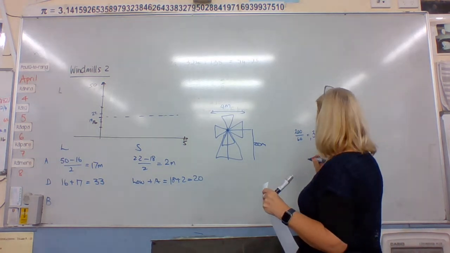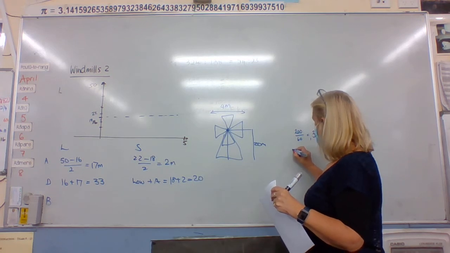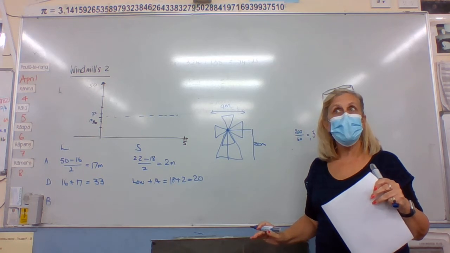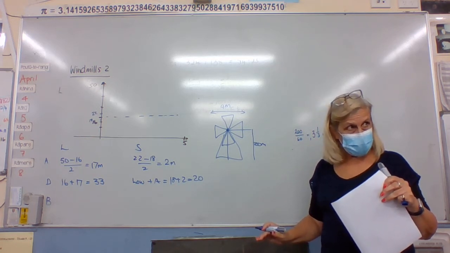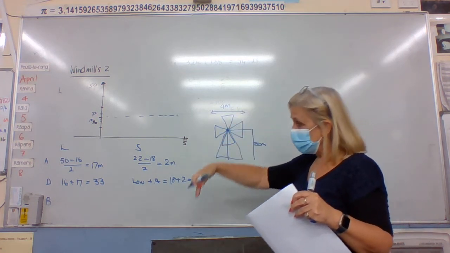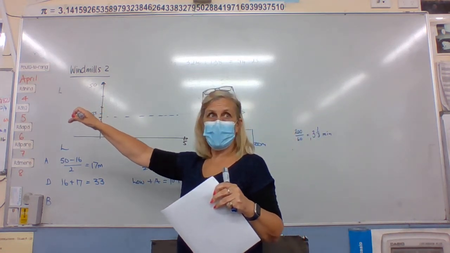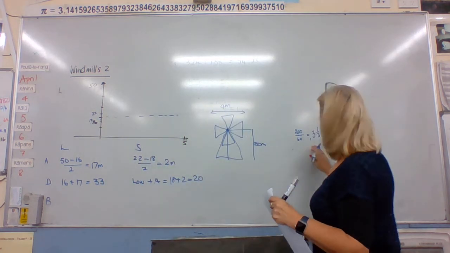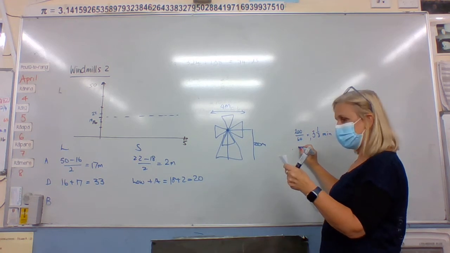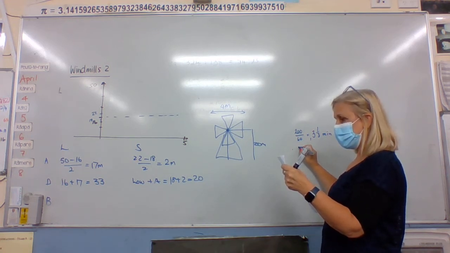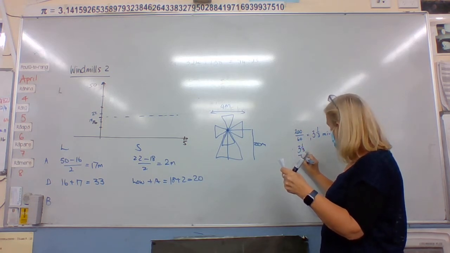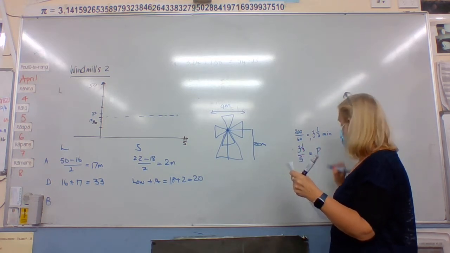So 1 revolution is what? Is 1 revolution 1 complete graph? Yes, right? Top to the bottom to the top. So the period of the graph is 5 revolutions in 3 1/3 minutes, so 3 1/3 divided by 5 equals the period.